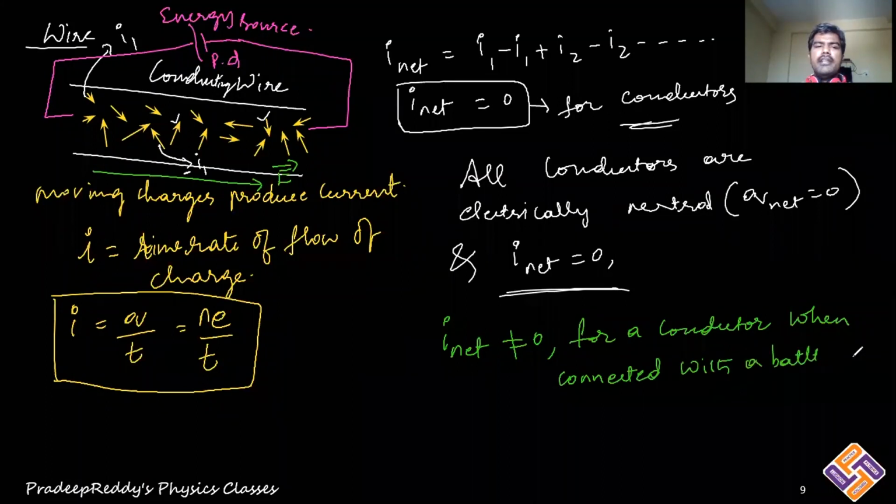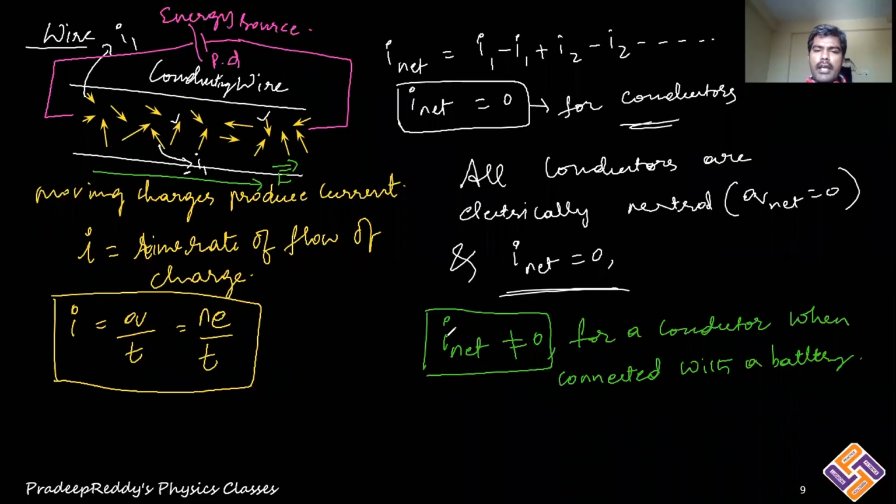So when you connect a battery to this conductor, what happens? Instead of random motion, all electrons flow freely in a specific direction only. That is the reason why net current becomes not equal to 0 in a conductor.